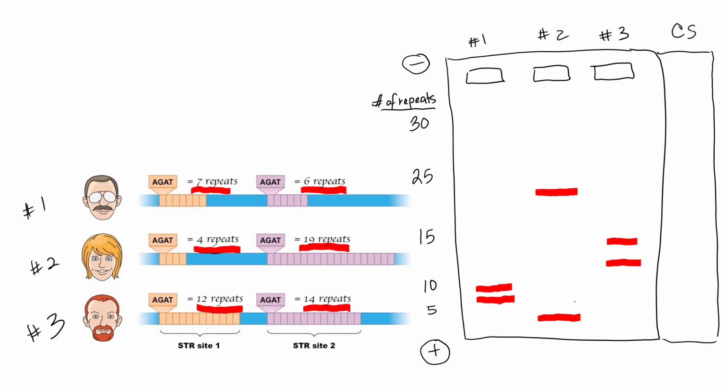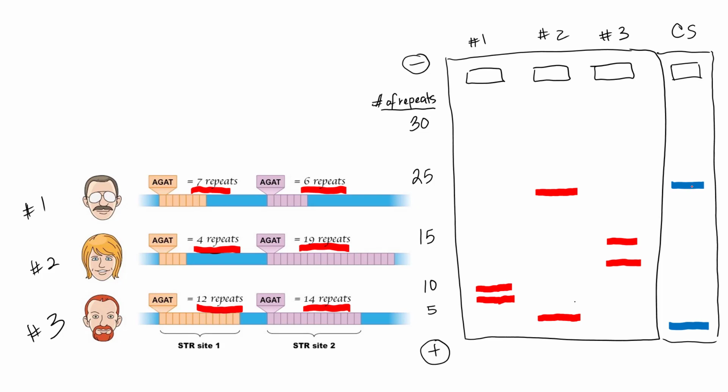We'll call this crime scene. So the DNA from the crime scene, let's say that ended up looking like this.